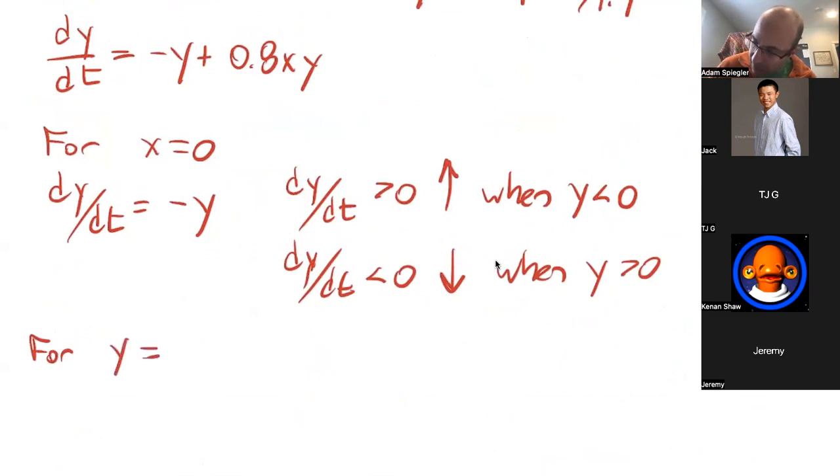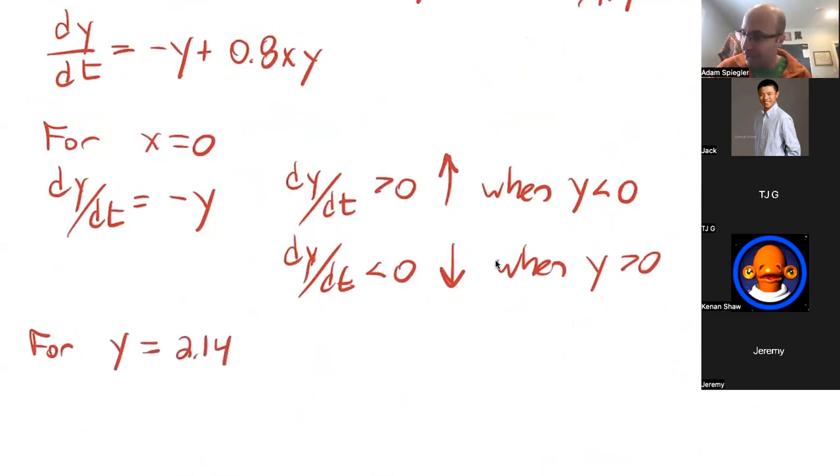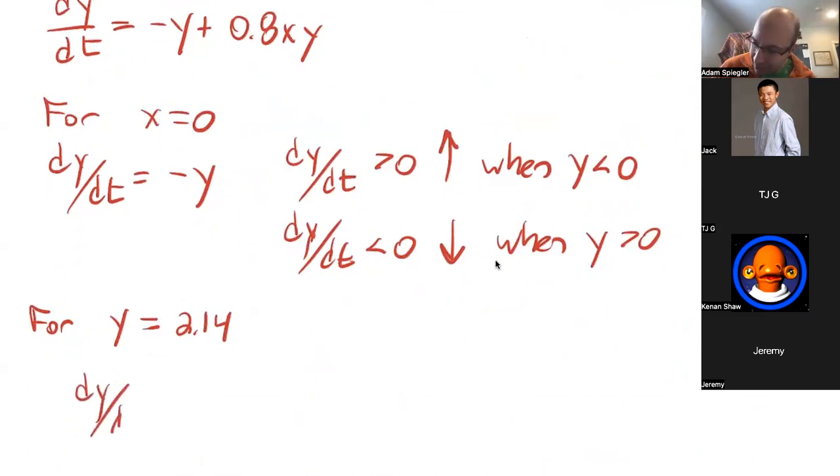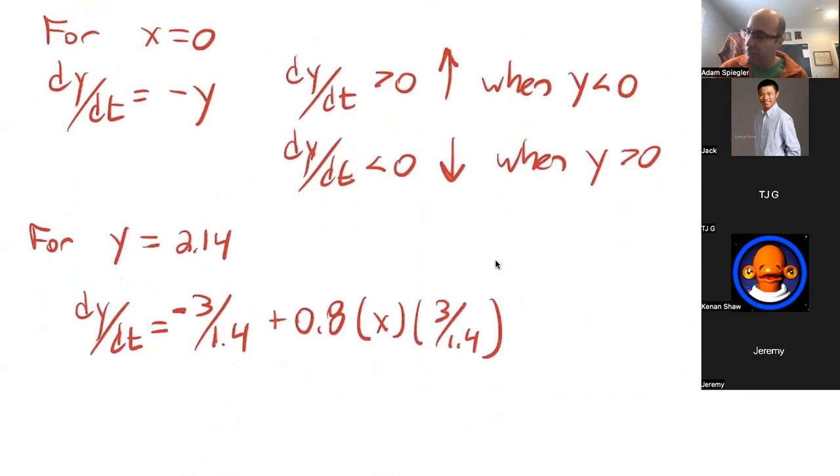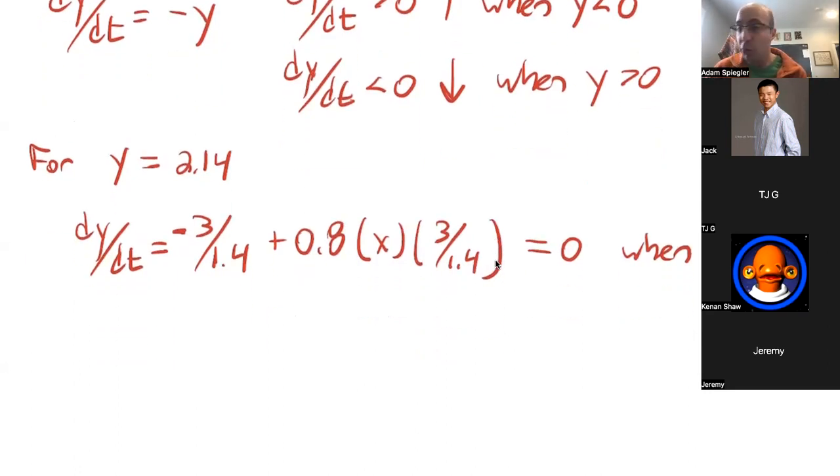Okay, and then for y equal to 2.14-ish, dy/dt is minus 3 over 1.4 plus 0.8 times x times 3 over 1.4. We can set that equal to 0 to figure out when it's 0, and that occurs when x is equal to 1.25.